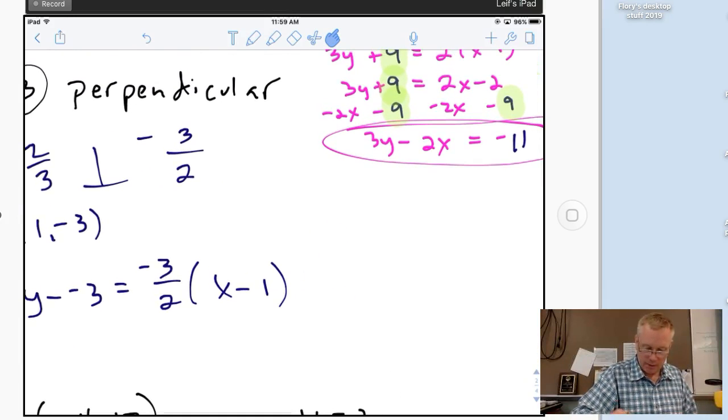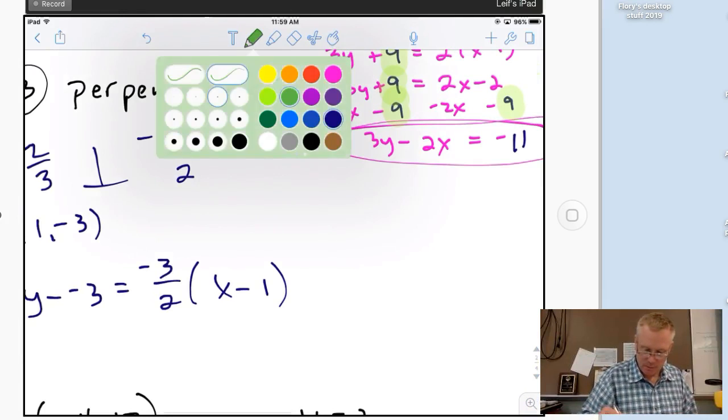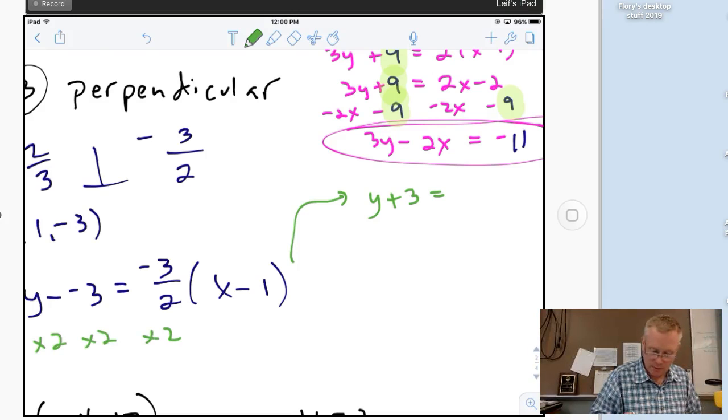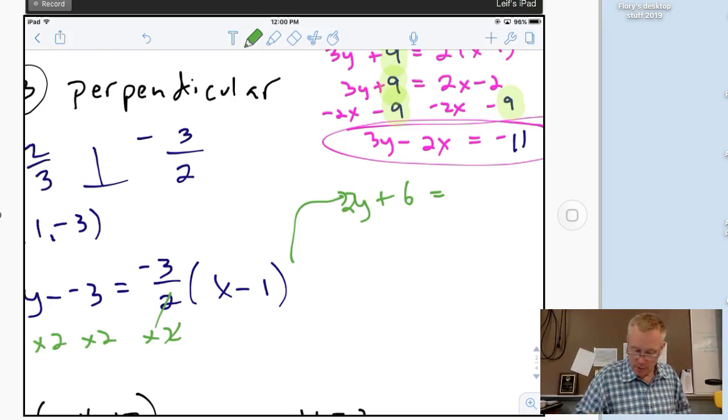And now I'm going to clean this up, get rid of the double negatives. So I get y plus 3. Maybe I can multiply, do this all in one step here. I'm going to multiply it by 2 so I can get rid of this denominator. Okay, so that's actually going to be 2y plus 6. Let's see if I can do it without making any mistakes this time. 2y plus 6 equals negative 3 times x minus 1.